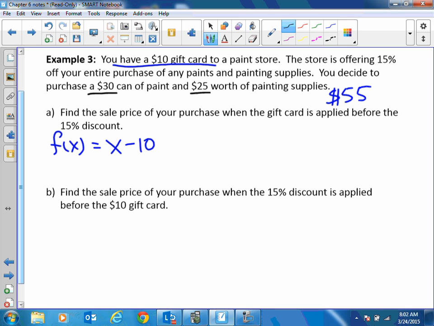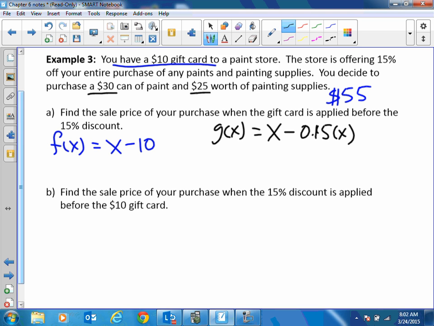The other function is you get 15% off. Let me write that as g of x equals whatever I spend minus 15%, which is 0.15 as a decimal, of what I spend. So I subtract 15% of whatever the price is.